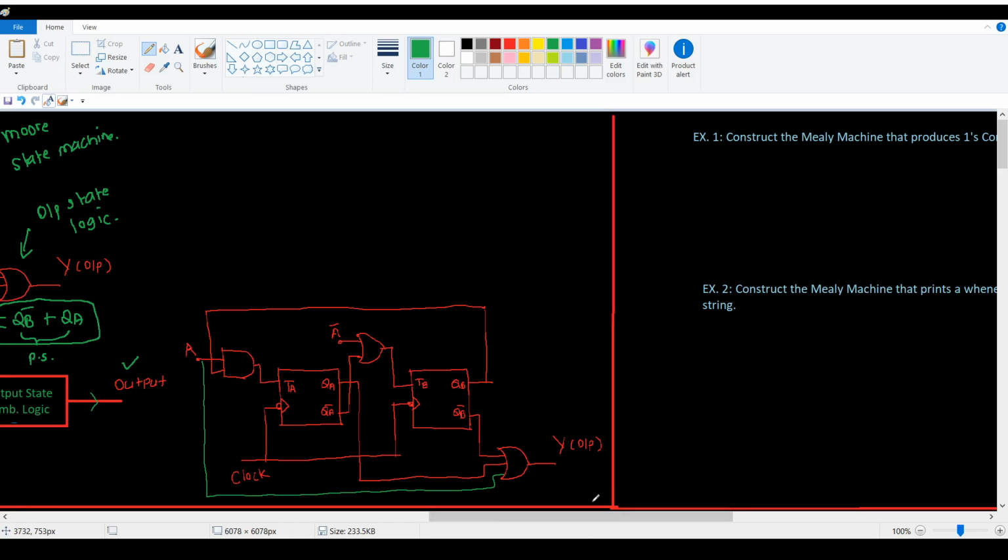So here I can write the logical expression of output like this: QB bar OR with QA OR with A. Here you can see this output depends on present state and input. So this is a Mealy state machine.